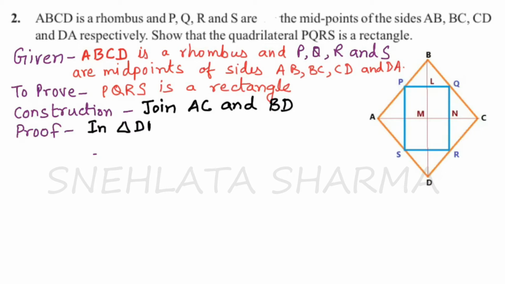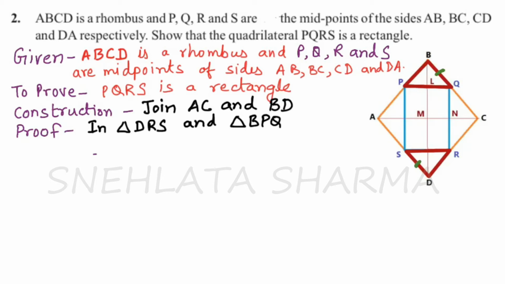In triangle DRS and triangle BPQ, see figure, these are triangles DRS and BPQ. In these two triangles, we have DS is equal to BQ. This is side DS and this is side BQ. Because these are half of the opposite sides of rhombus, these sides will be equal.